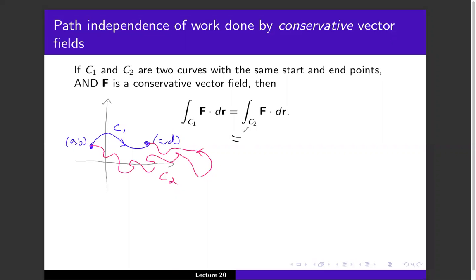But no matter what your curve is, it'll still be f(c,d) minus f(a,b). It's path independent. Some textbooks and some mathematicians define that to be conservative, that it doesn't depend on the path you take. So all of these are different ways of describing the same general notion: path independent.